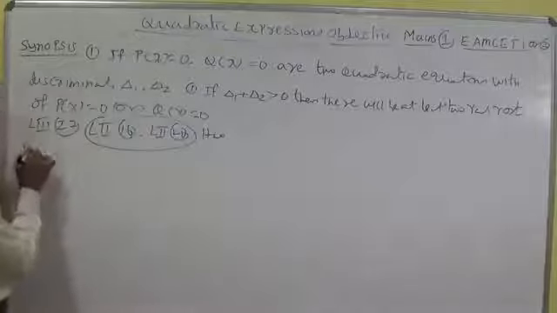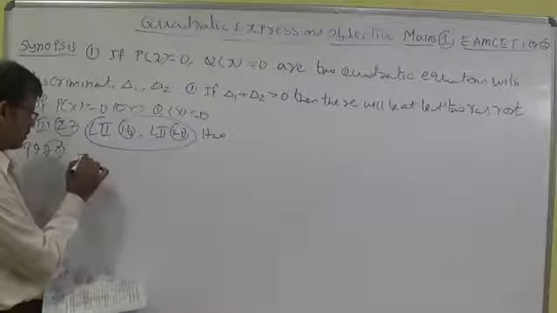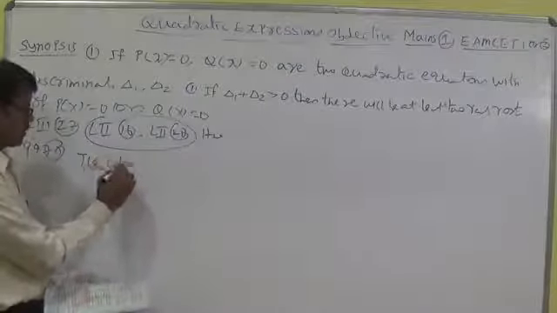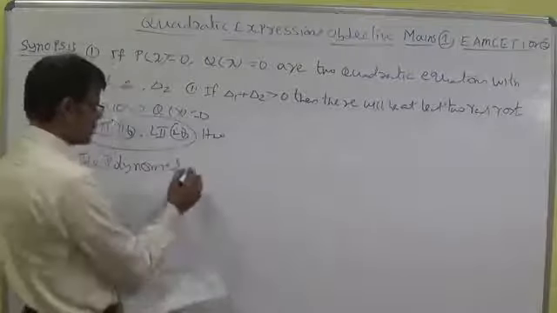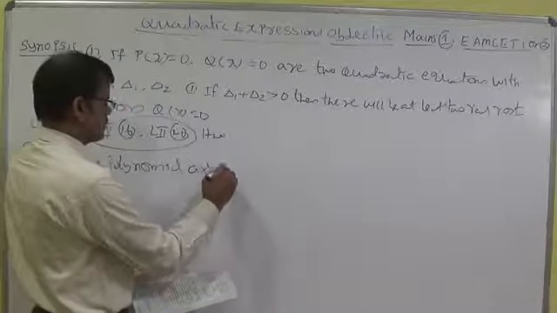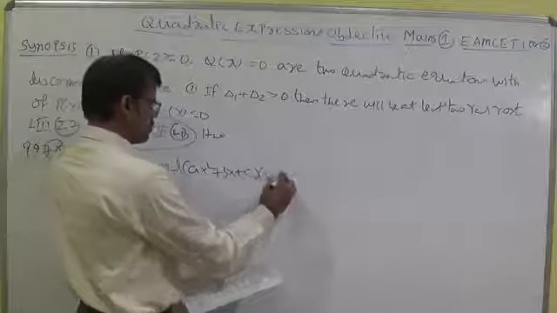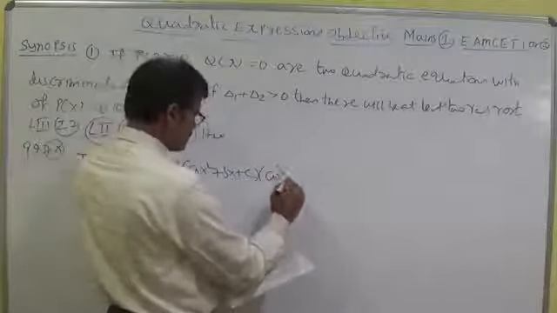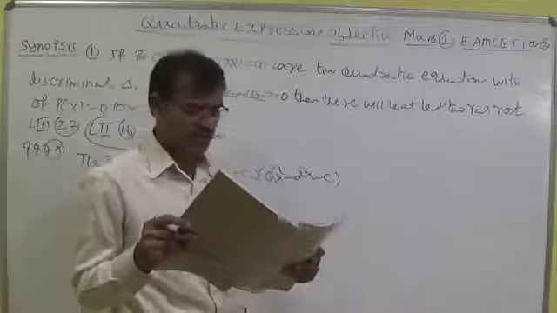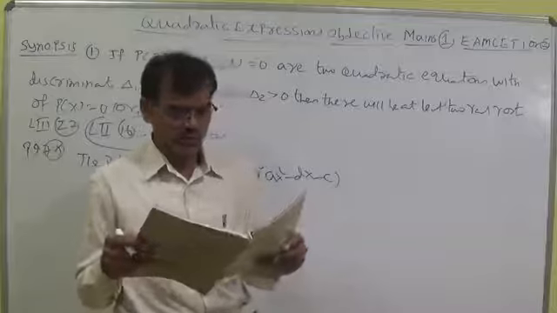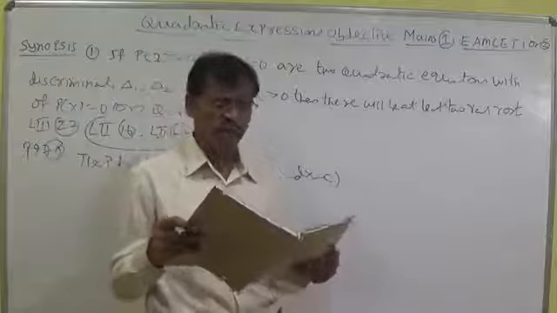The question is that the polynomial ax square plus bx plus c into ax square minus dx minus c has, according to the options, 4 real zeros, at least 2 real zeros, at most 2 real zeros, all the above.